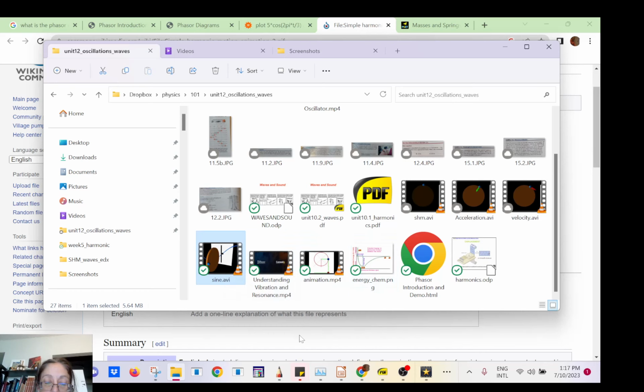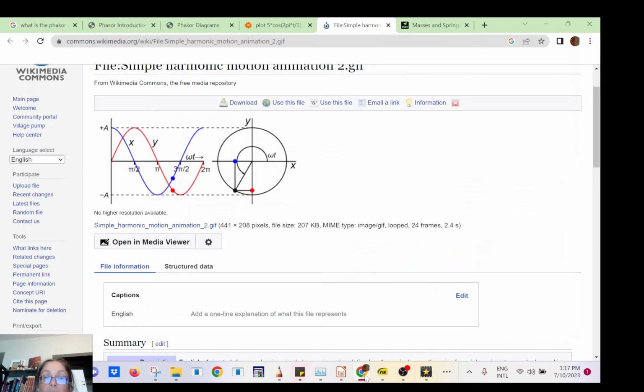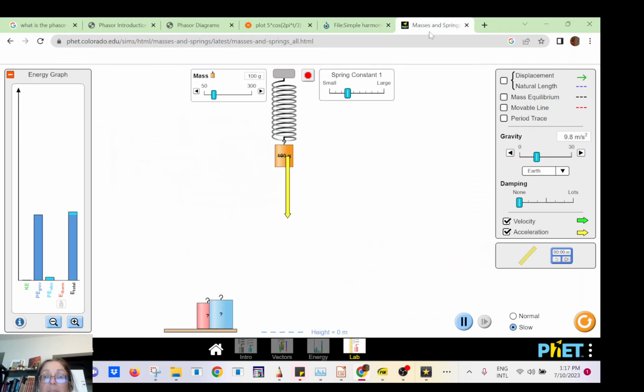Talking about speed, let's go back to here. This is our mass going up and down. You have the displacement, going from minus A, to 0, to plus A, and we've seen it describing a cosine function or a sine function. But look at the speed.